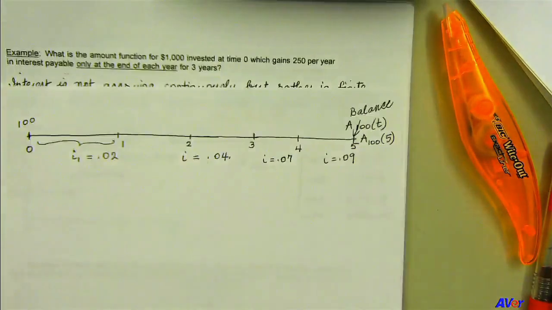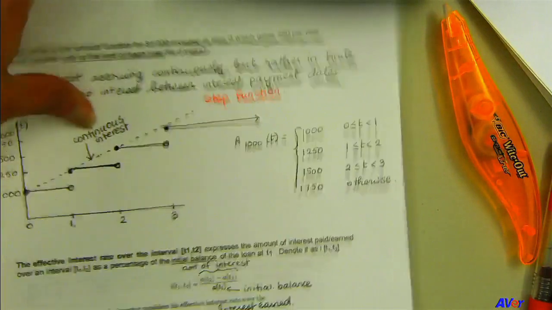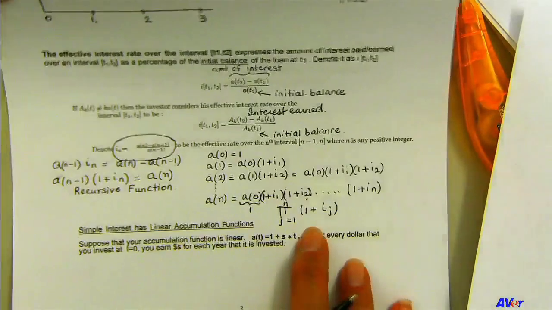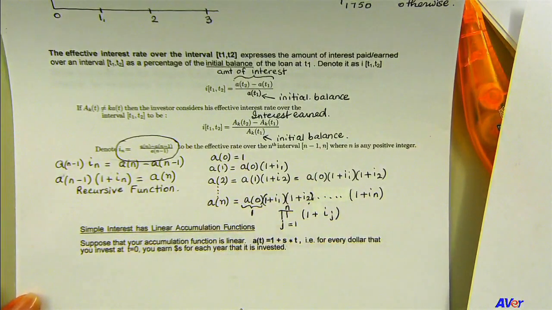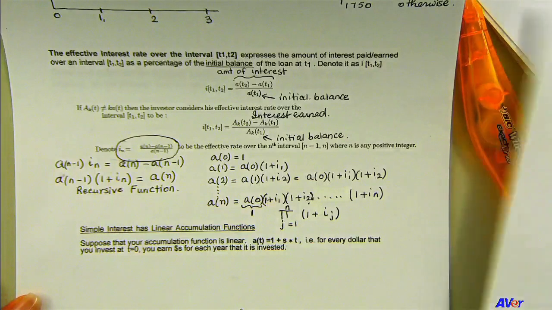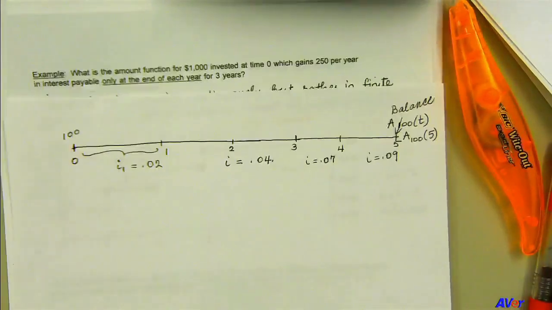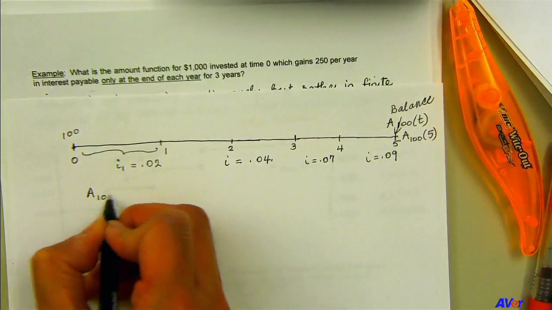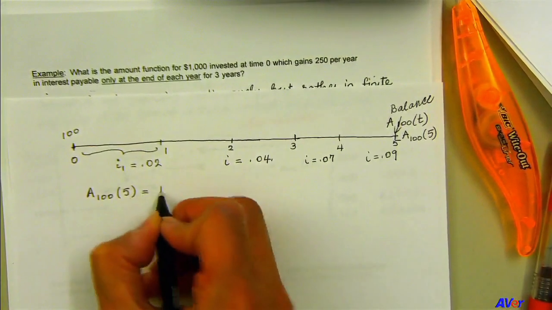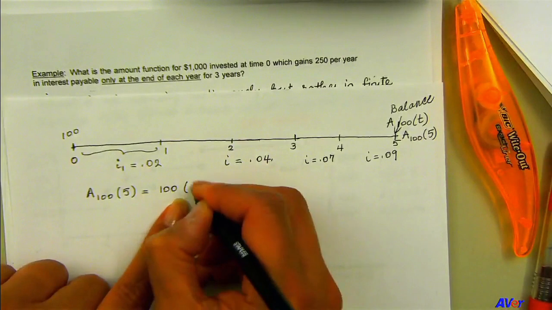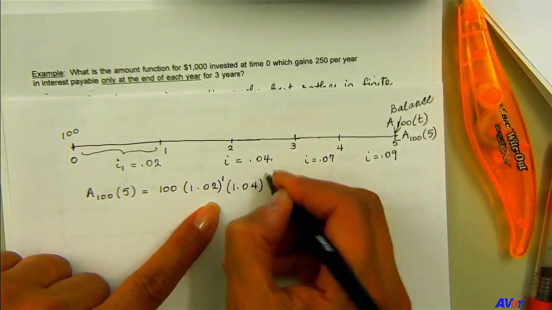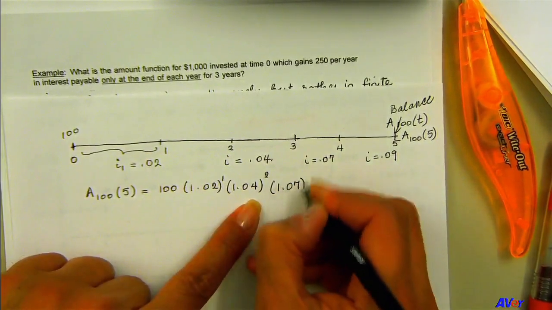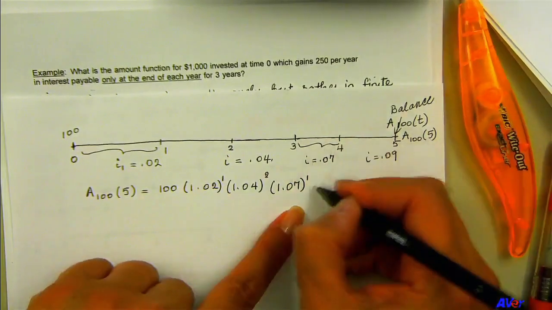So by what I have done down here on the previous page too, it's saying just take what you have at time 0 and grow it by that interest rate, whatever the interest rate is, right? So it's as simple as doing this. A100 of 5 is equal to 100 times 1.02 to the 1, 1.04 to the 2, 1.07 to the 1, and 1.09 to the 1.